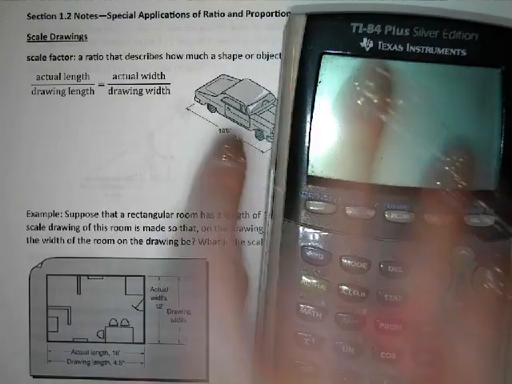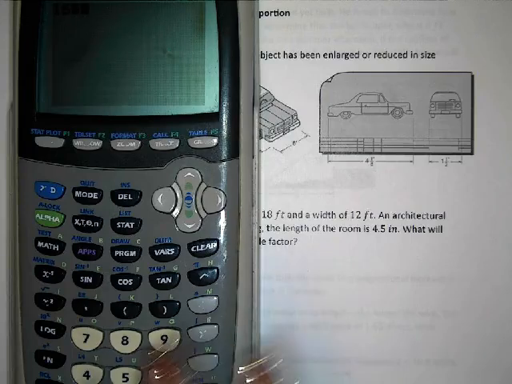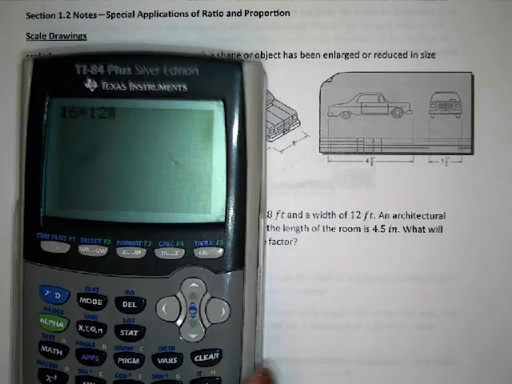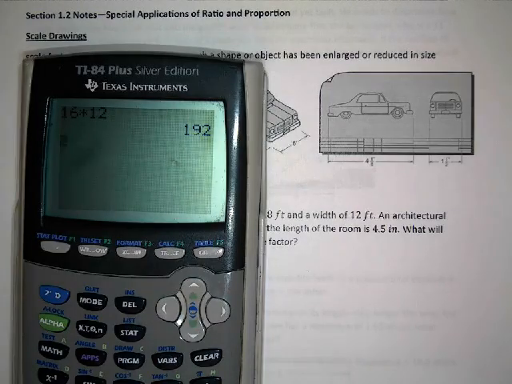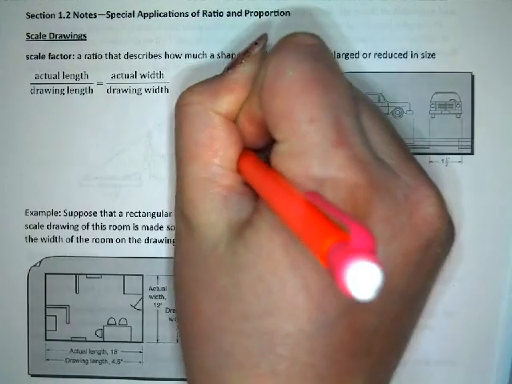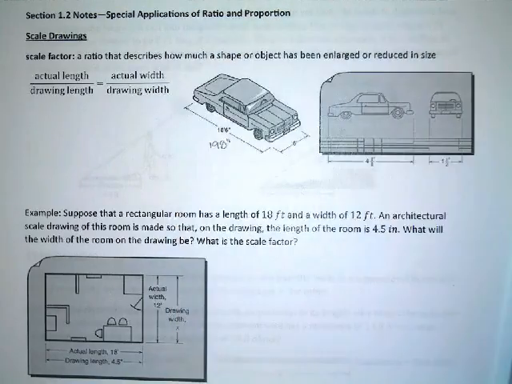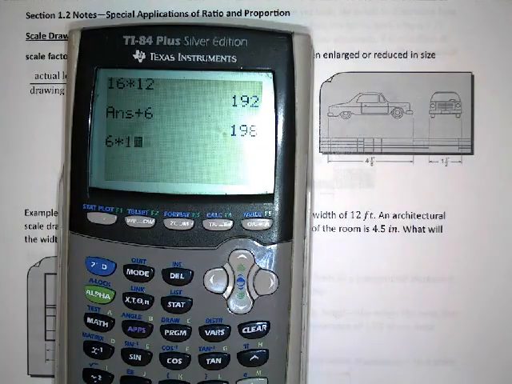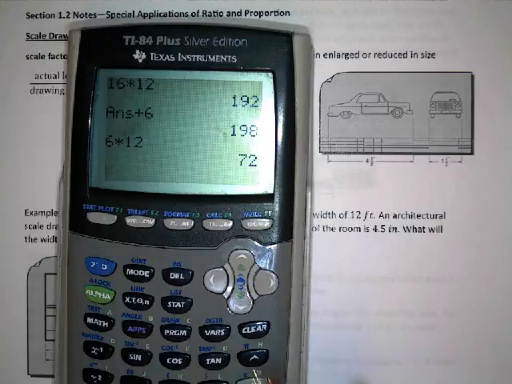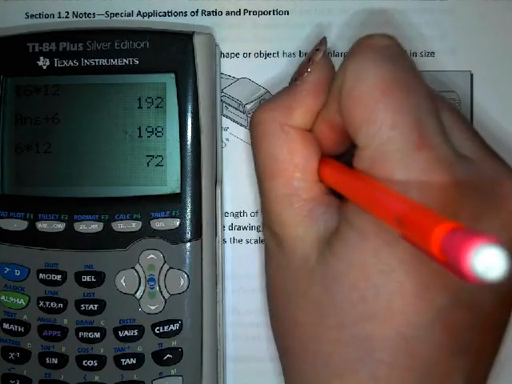And so if I have 16 feet, I'm going to do 16 feet times 12 inches per foot, plus another 6 inches. That's 198 inches. And then 6 feet times 12 inches per foot is 72 inches.